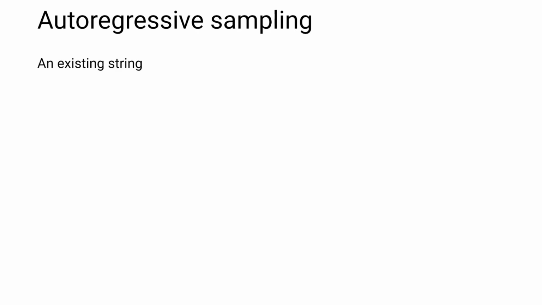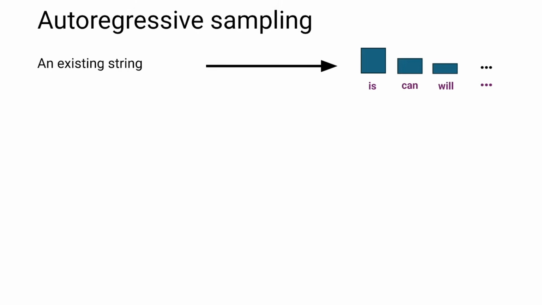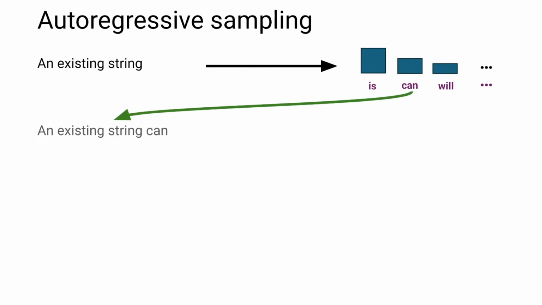I take this and feed it into my language model. Obviously, there's going to be a tokenization step, and then I break it up, and then I feed it in. And the language model is going to spit out probabilities over next tokens, right? And then all I'm going to do is take that probability distribution and sample from it. So I sample, and in this case, I get can.